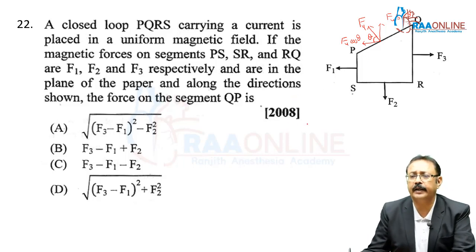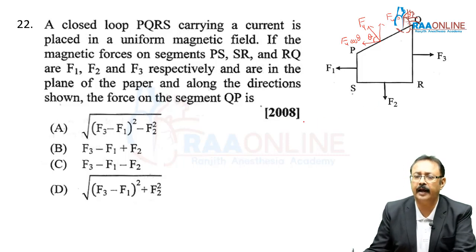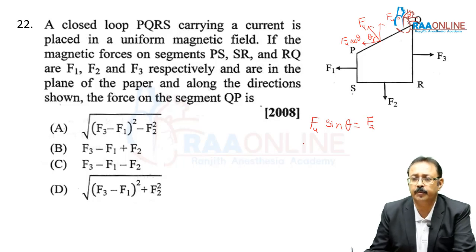What is F4 sin theta? It is balancing F2. So F4 sin theta should be equal to F2 because the loop is not moving anywhere. Forces should be balanced.